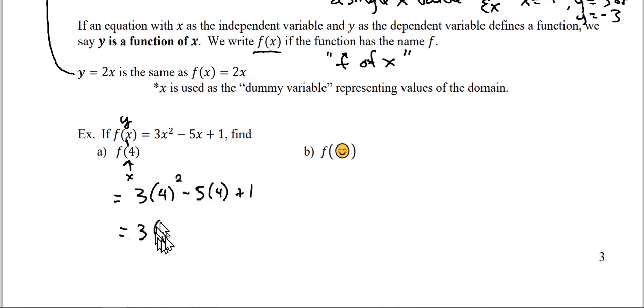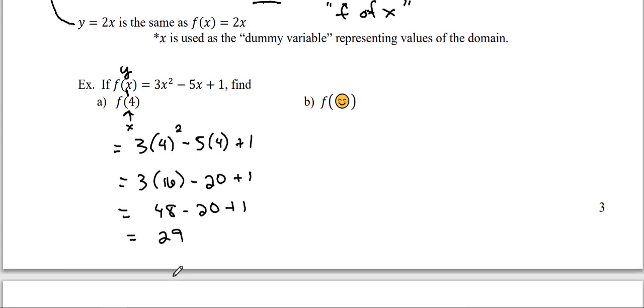So that gives us 3 times 16 minus 20 plus 1, which is 48 minus 20 plus 1. That's 28 plus 1, which is 29. When you see this notation, it means replace the x with 4.